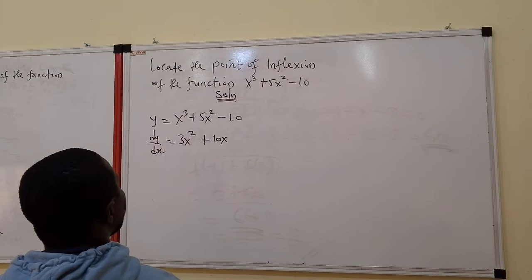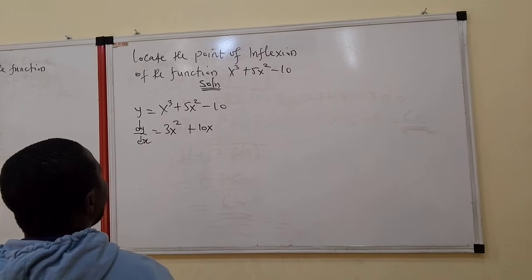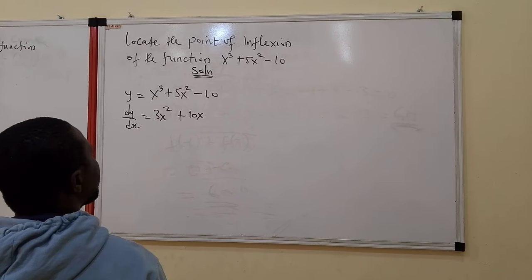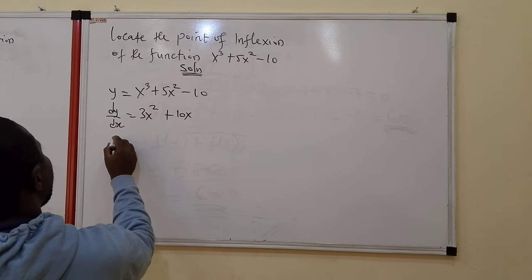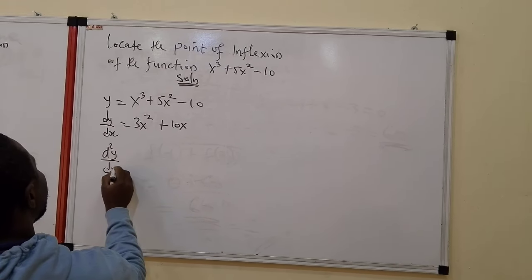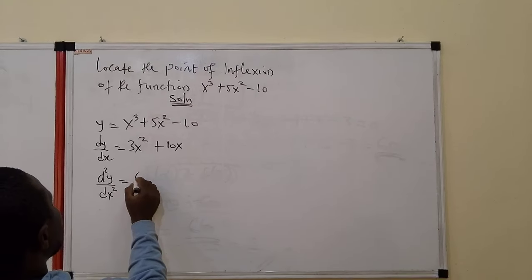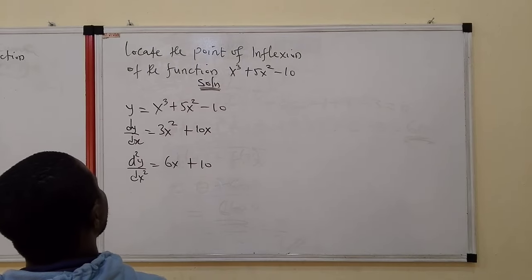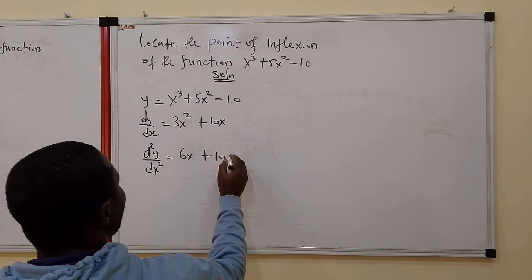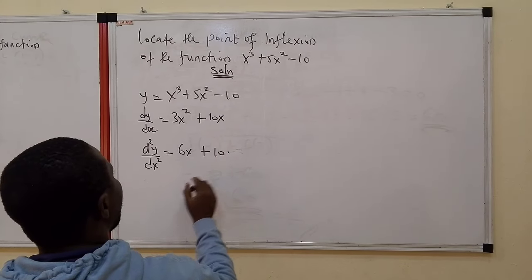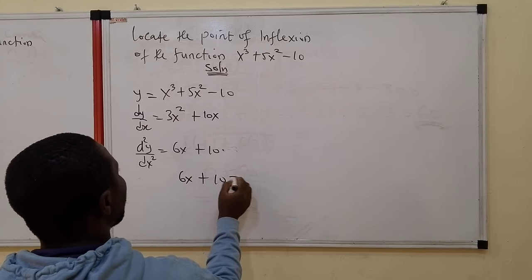After that, we differentiate it the second time. We have d squared y over dx squared. That will give us 6x plus 10. Then you equate it to 0. You say 6x plus 10 equals 0.